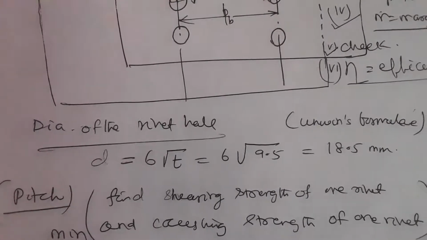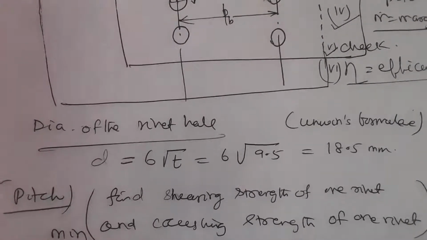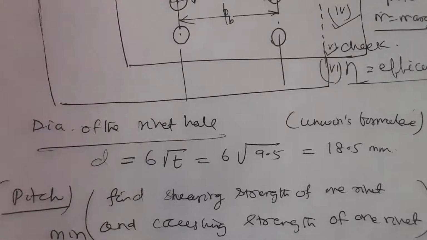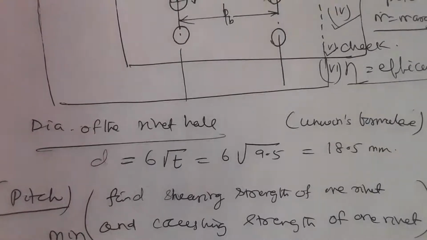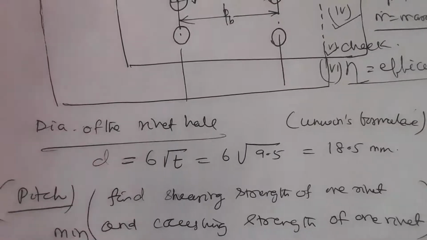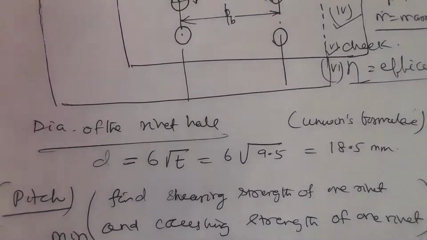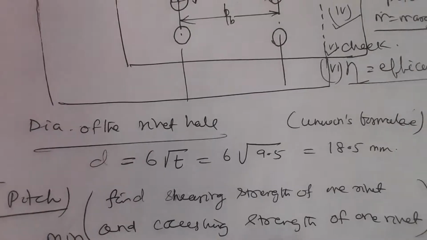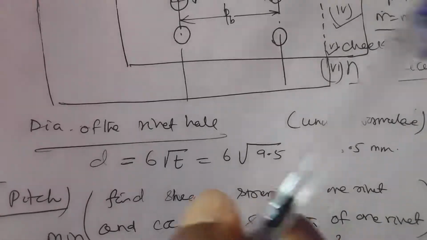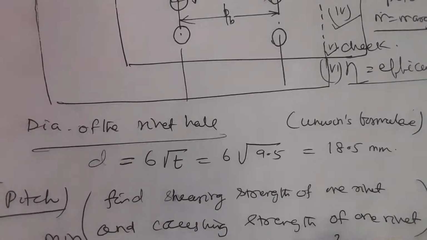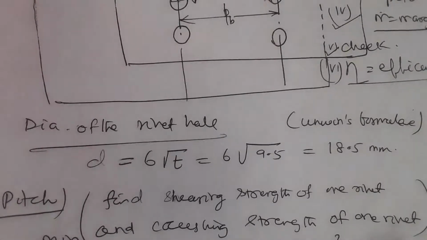Shearing strength is equal to pi by 4 d square into tau s, and crushing strength is equal to n into d into t into sigma c, where n is equal to 1. In this case, shearing strength is pi by 4 into 18.5 square into tau, which is given as 75 Newton per millimeter square, and it is coming out to be 20.16 kilonewton.